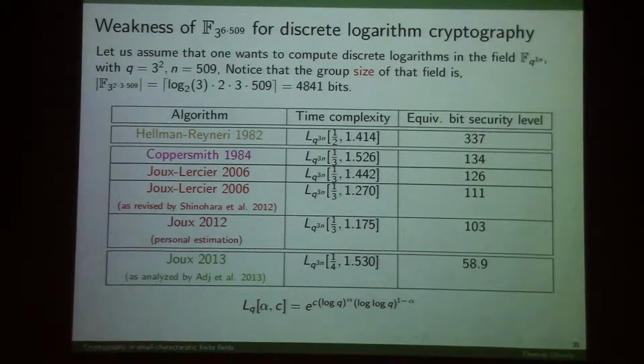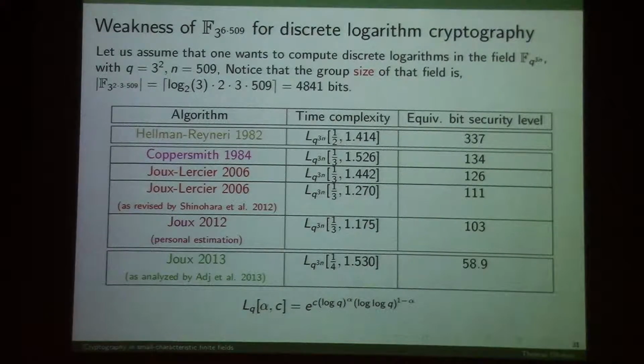So this is the scenario that we had. These algorithms for solving the DLP have sub-exponential time complexity. Their complexities are defined by this expression here. This alpha is very important because when alpha is 1, we have a fully exponential algorithm, but when alpha goes to 0, we have a completely polynomial algorithm.